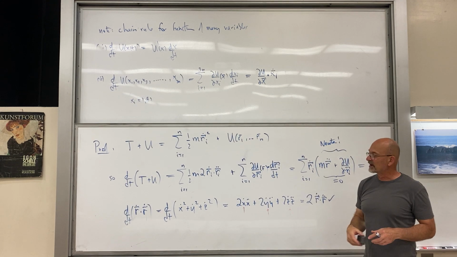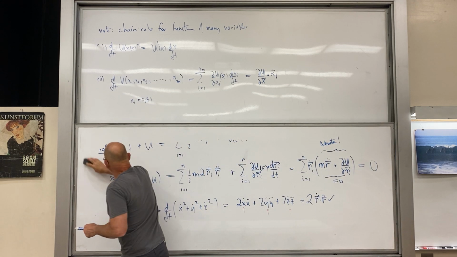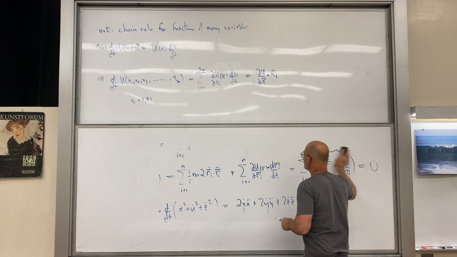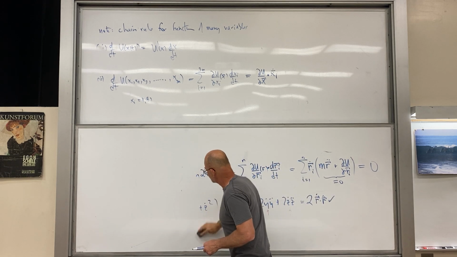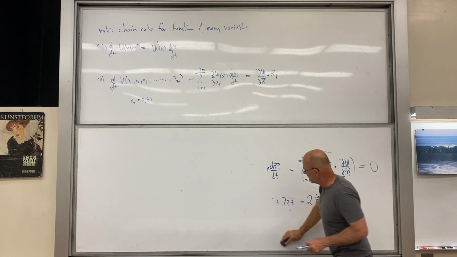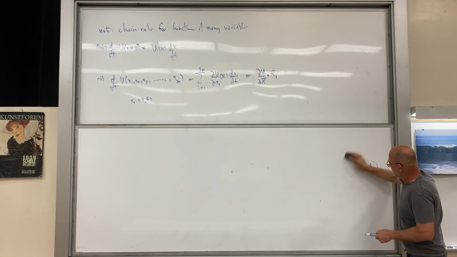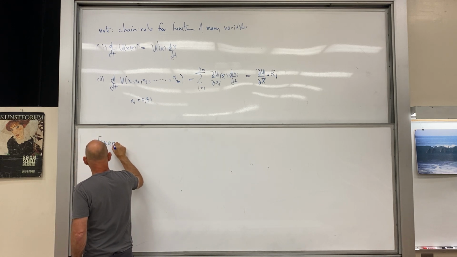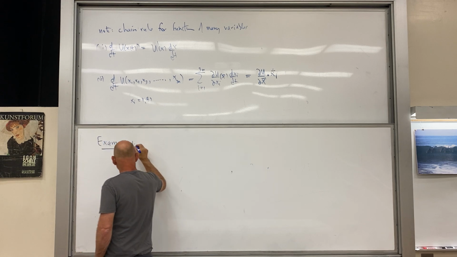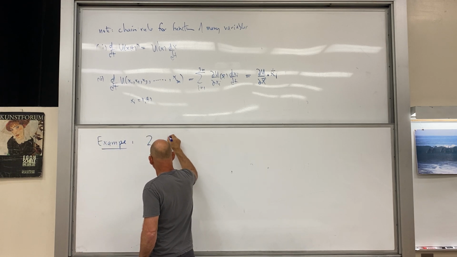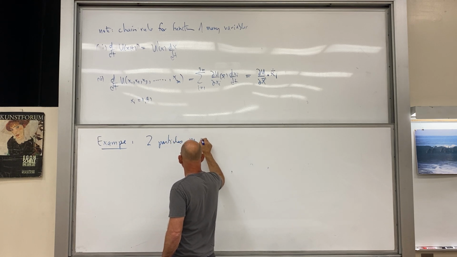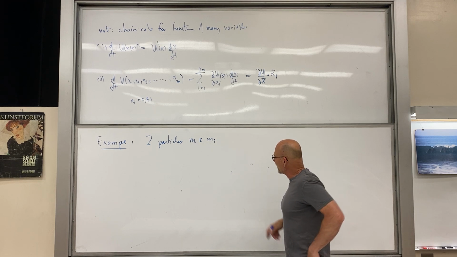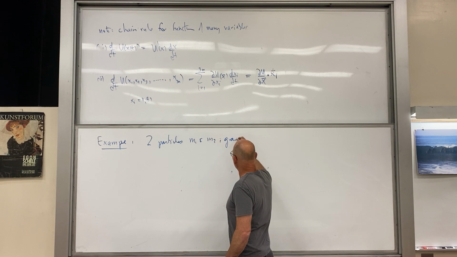Yeah, so we're going to go back to our example of the 2-particle gravitating system, and then we'll generalize that. So for our example, 2 particles M1 and M2 with their respective position vectors, and gravity.